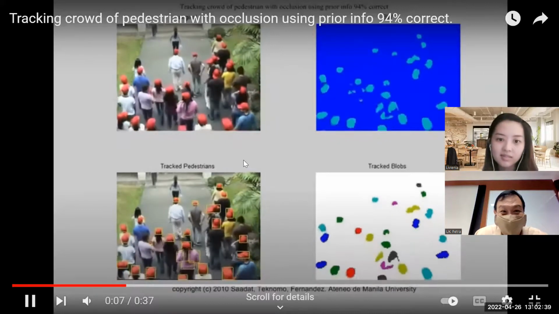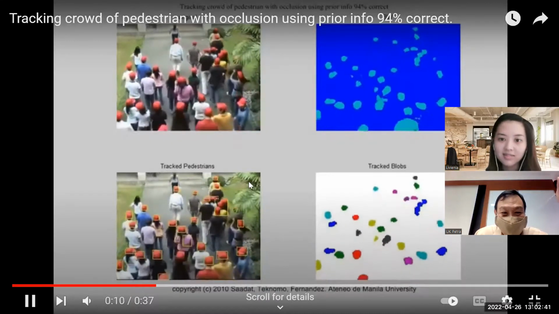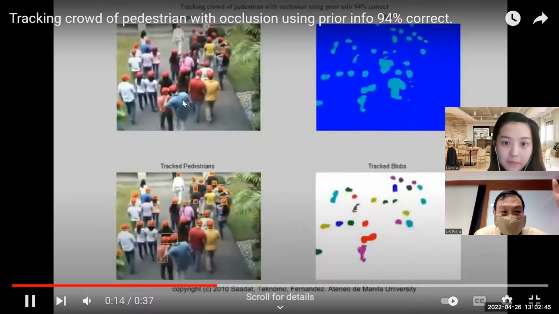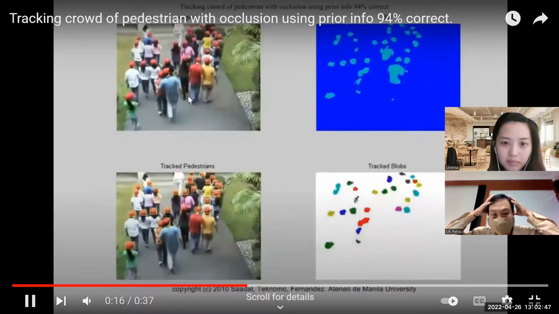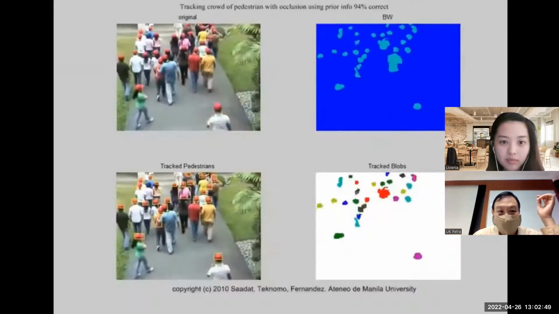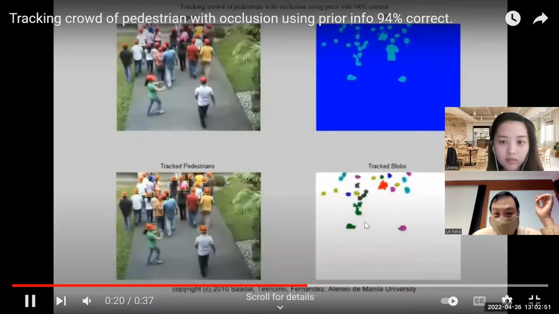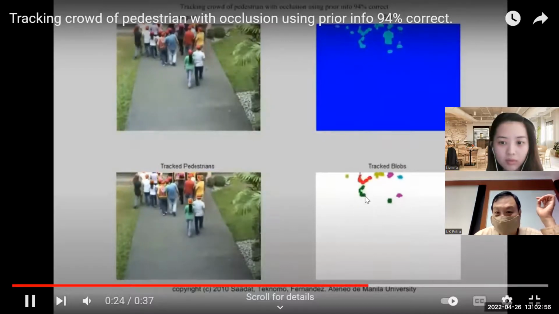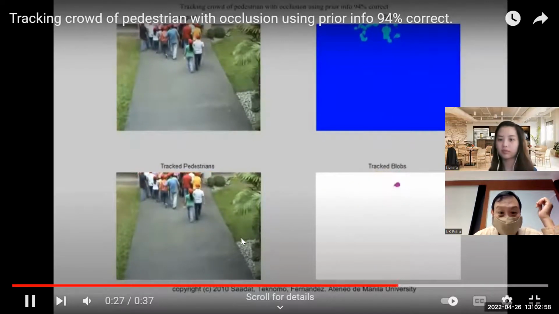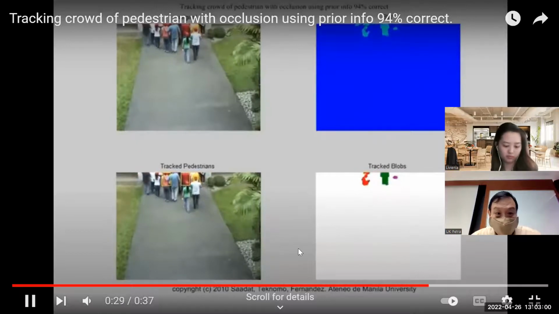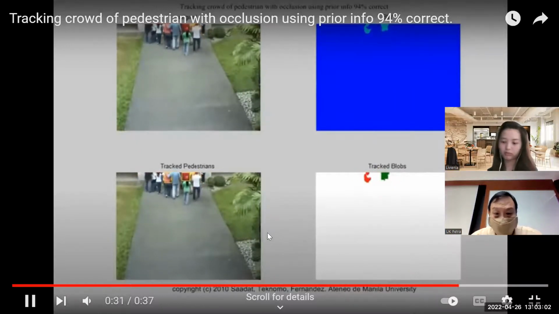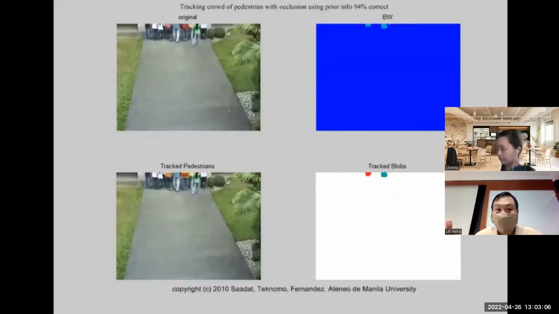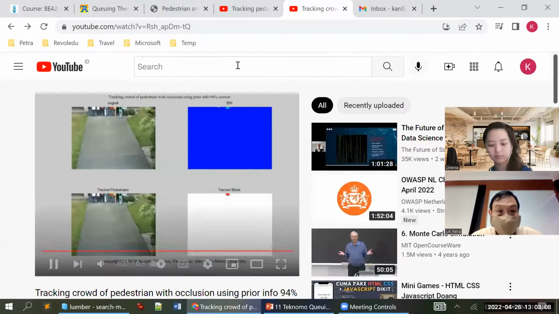We have 100 students, and I require them to wear red hats so that we can track them. On the right side is the tracking of the blocks. That evening we had many experiments going on. This is just one of the examples.